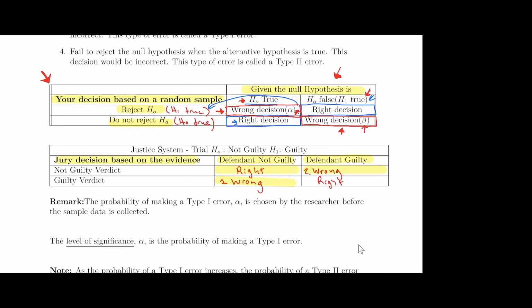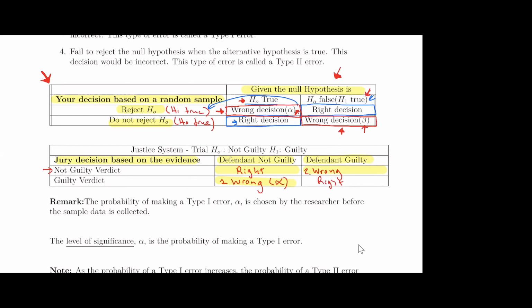Did I reject it on wrong number 2? If you look at wrong number 2, the jury said the person was not guilty. So wouldn't that be the null hypothesis? So we're saying the null hypothesis was true. So for this one, that will be your type 1 error.